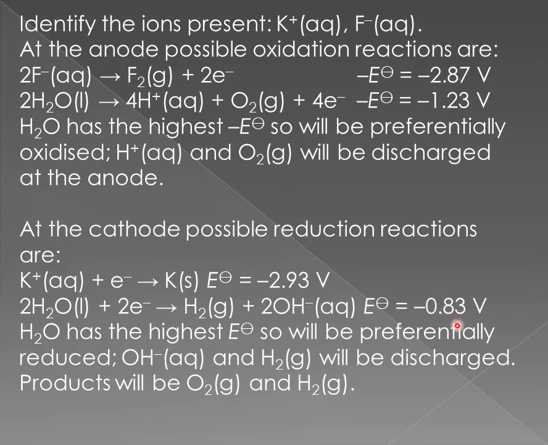So it is preferentially reduced rather than the potassium, and it will give hydroxide ion and hydrogen gas at the cathode. So the products will be oxygen at the anode and hydrogen gas at the cathode.